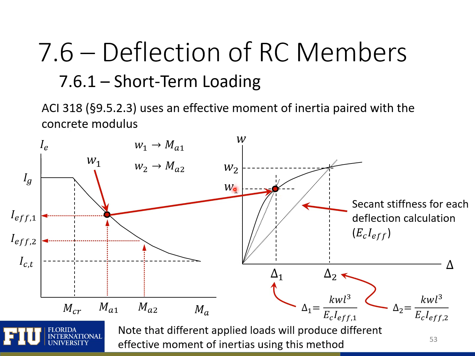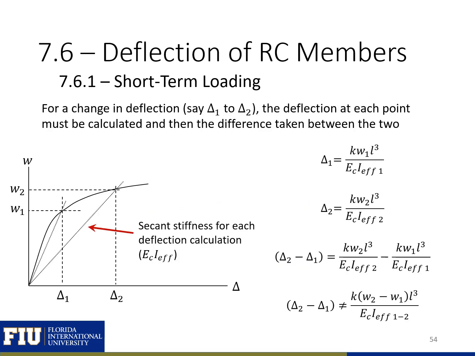This means that if we have another load, we need to use that load to calculate another I effective and use that I effective to calculate another deflection.